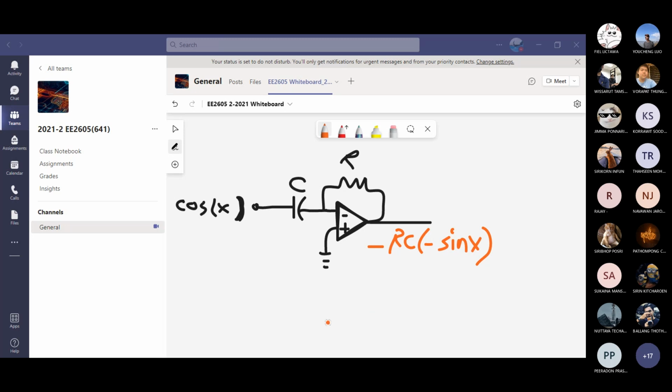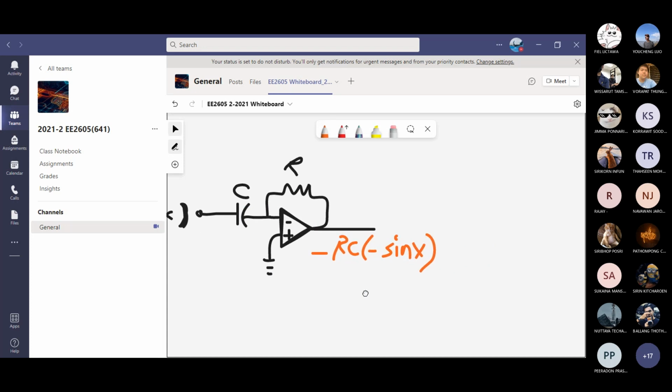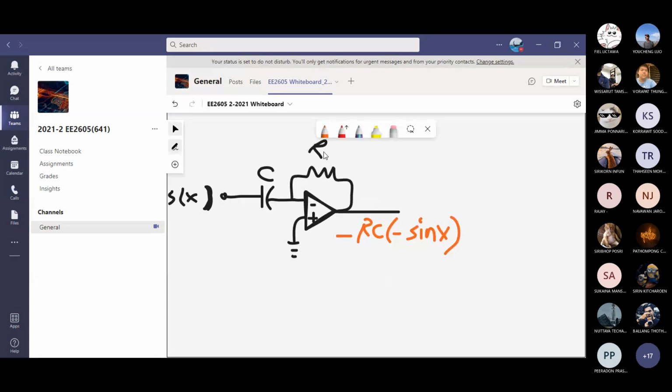We want half sine x on the output side. You can make the product of R and C equal half. Or you can make the product of R and C equal 1.